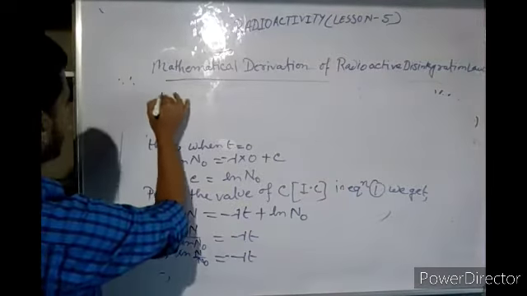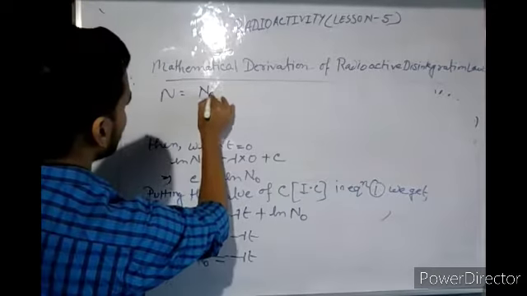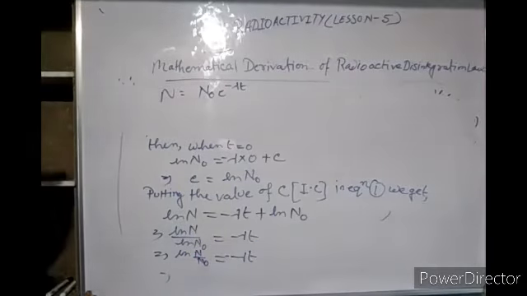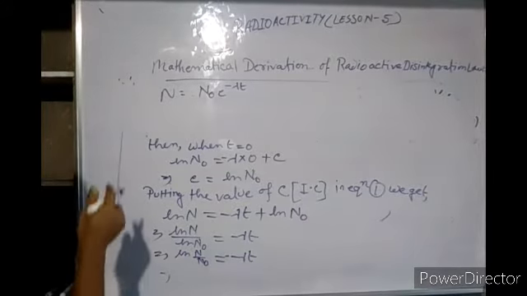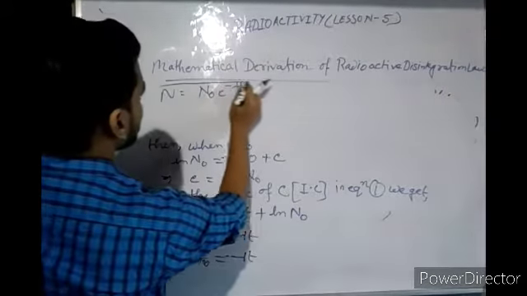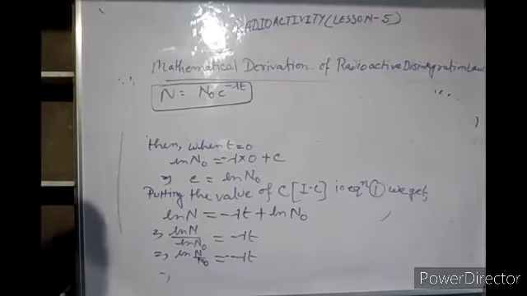Then N equals N0 e to the power minus lambda t. This is one mathematical derivation: N equals N0 e to the power minus lambda t.